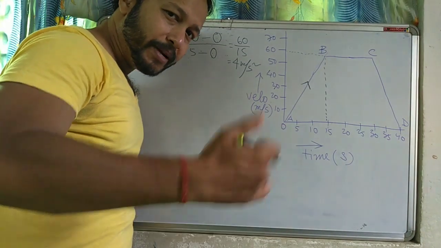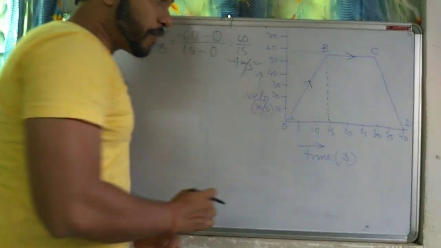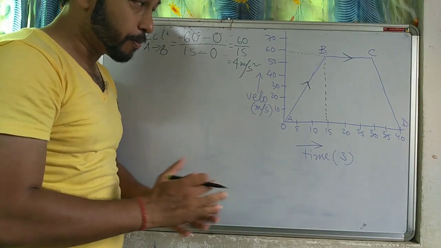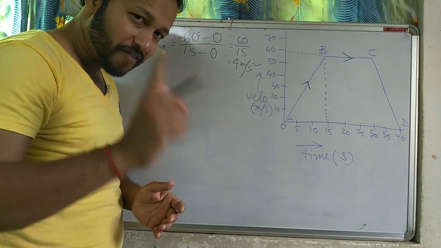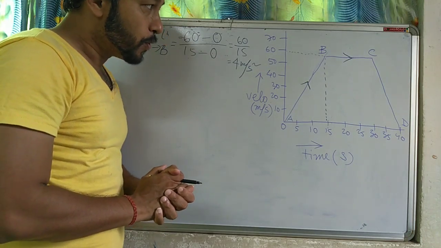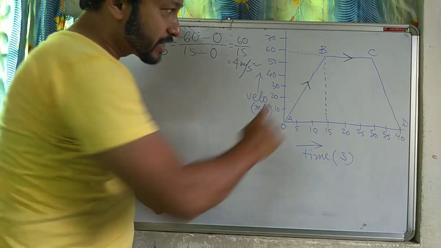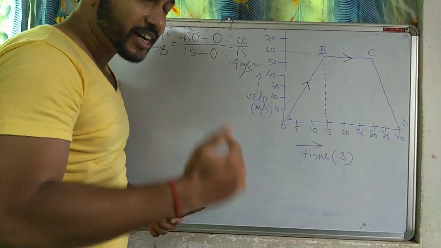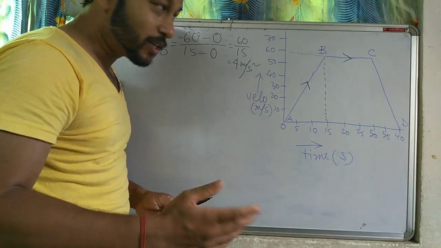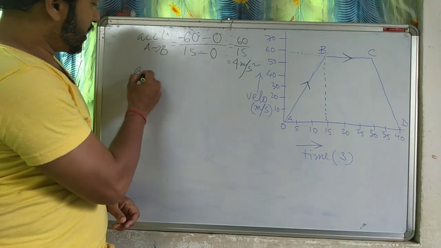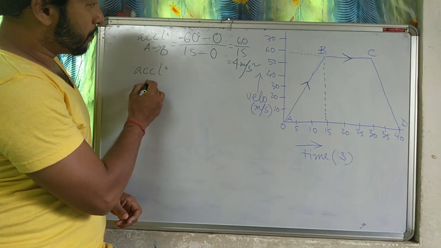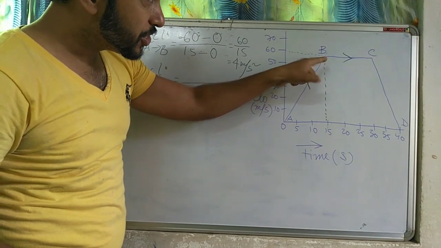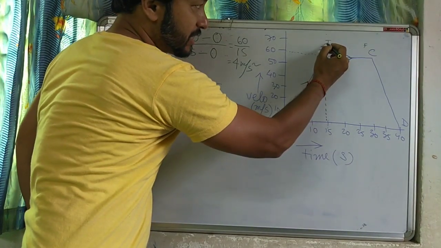Now we'll find from B to C. If I ask you, does the object have any acceleration from B to C? No. If you have understood the previous sum, we have seen that when the graph is horizontal, then acceleration or retardation are not there. Let us find that. Acceleration from B to C. This is the final and this is the initial.